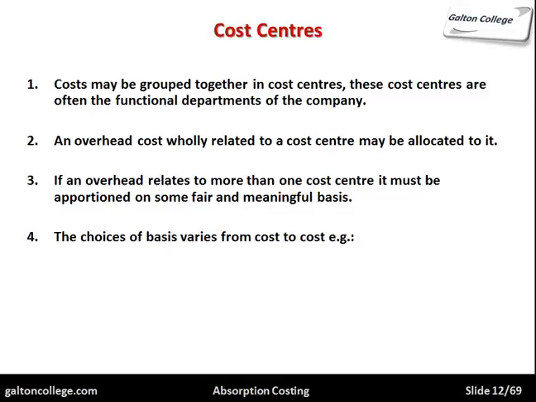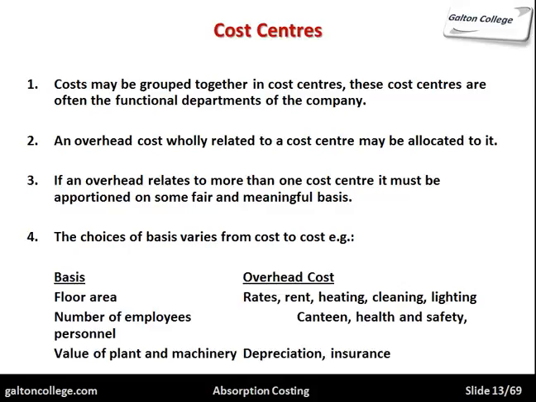The choice of bases varies from cost to cost. For example, the basis could be floor area. The floor area could account for rates, which is like a local tax, rent on the premises, heating, cleaning, lighting.